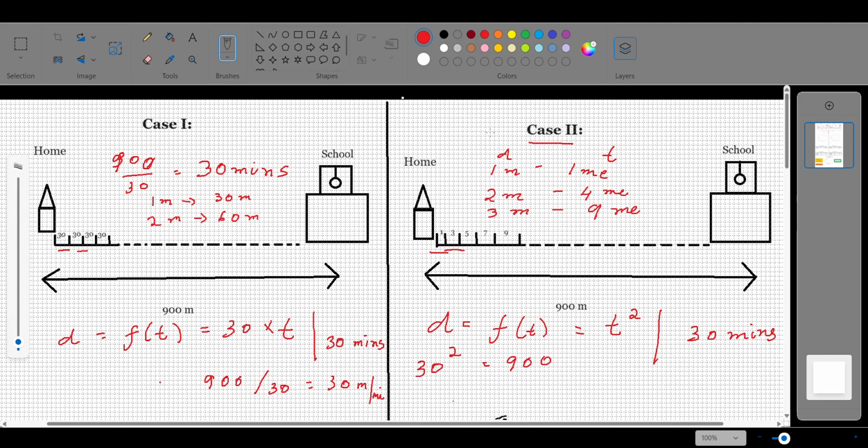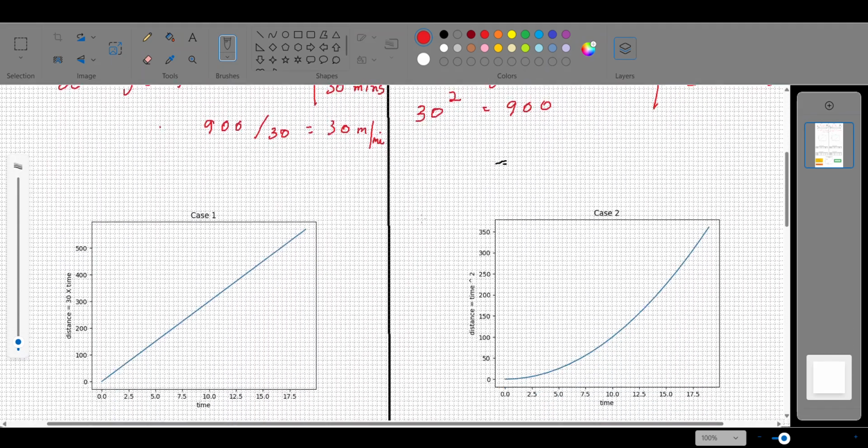Can you say that these two are exactly the same because they both have an average speed of 30 meters per minute? Doesn't make sense, because if you even look at the graph, let me just show you a graph showing their movement.